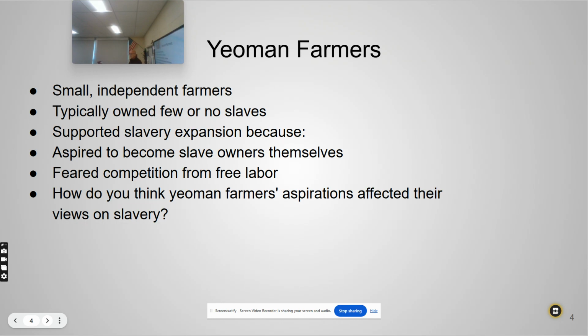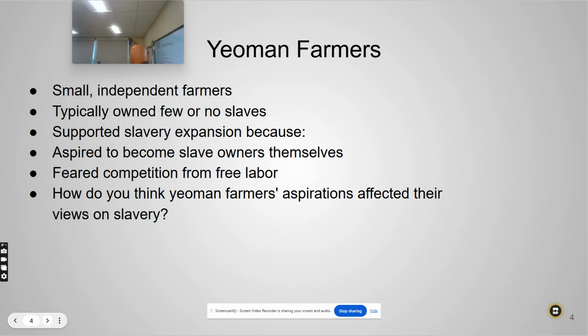All those things are signs of Americans' desire to increase their station in life, or increase their class in society. Same thing here for yeoman farmers. Yeoman farmers, they want to arrive someday, and arrival in this period of time is going to be the ownership of slaves. That status is going to be something that they yearn.